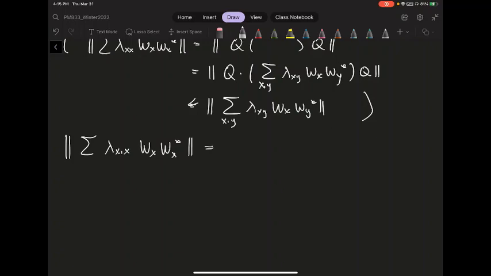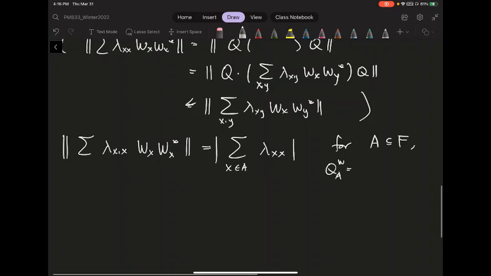By dividing the range projections into orthogonal sub-projections, this equals the summation over subsets A of F of some lambda_xx, with the corresponding Q_A being the product of, for every x inside A, the range projection, and for x not inside A but in F, the orthogonal complement of its range projection.